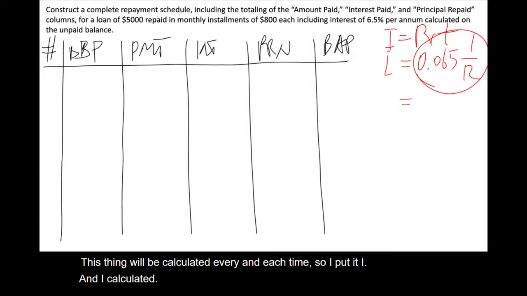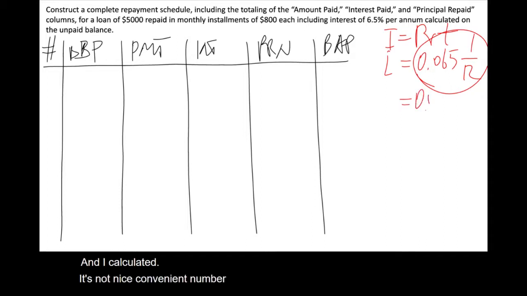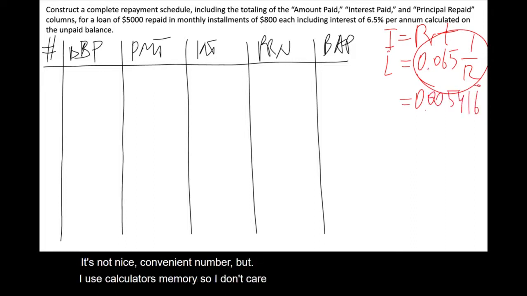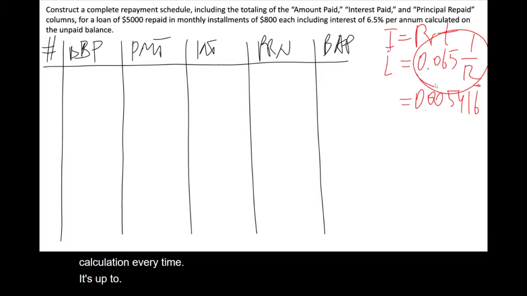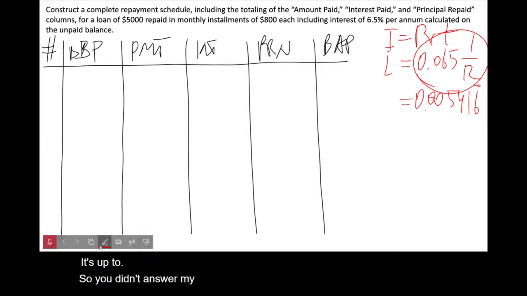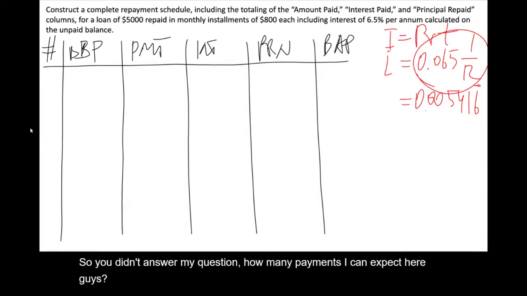Well, it's not a nice convenient number, but I use the calculator's memory, so I don't care. Or you can actually do this calculation every time. It's up to you. So you didn't answer my question. How many payments can I expect here, guys?